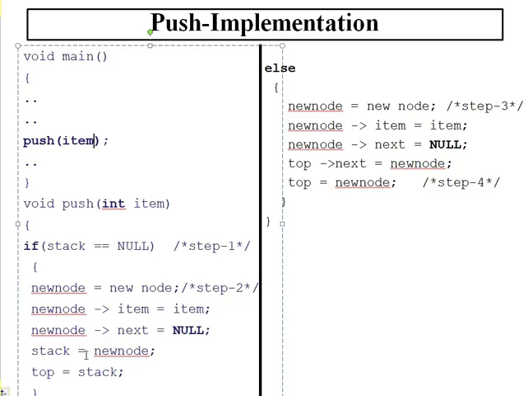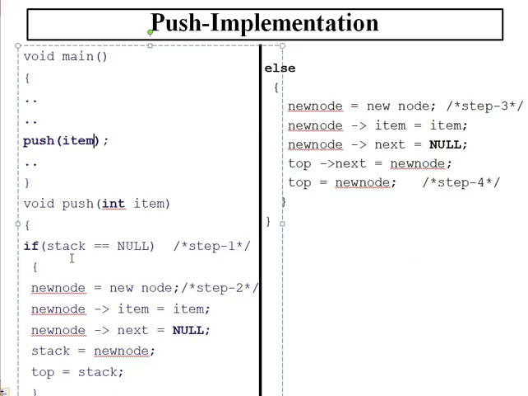So as it is the first node of the chain, the stack is equal to the new node, and top is equal to stack. So here the top is pointing to the first node of the stack, and the stack now contains that new node as the first node of the chain.